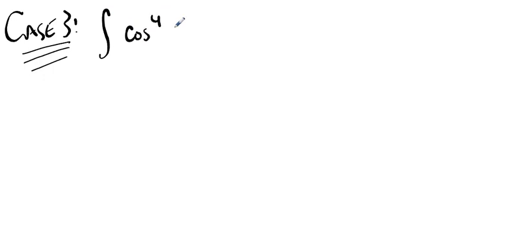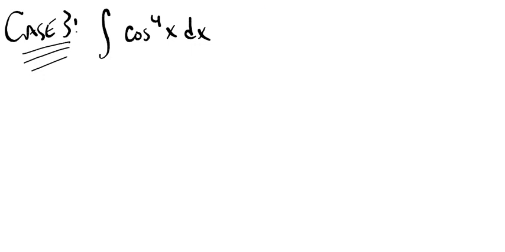So what happens in case 3? Well, case 3 is when you've got something like this. There's no cosine to break off. There's no sine to break off. It's just this.